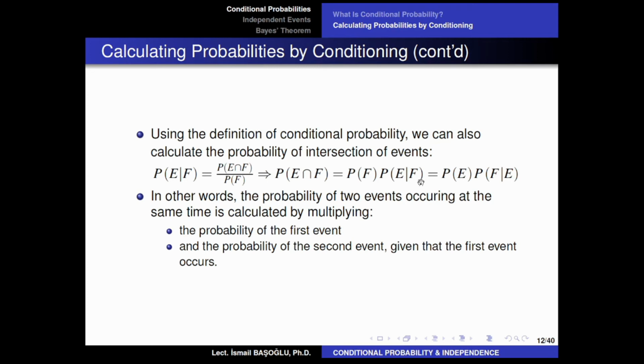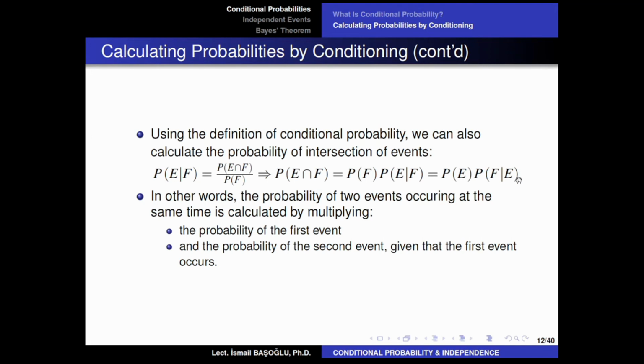Now, you should not restrict yourselves to the direction of the timeline. Because intersection is a symmetric operation, you can write this equation by first calculating the probability of event E, then the probability of F given event E. So the probability of the second event times the probability of the first event given that the second event already occurs.